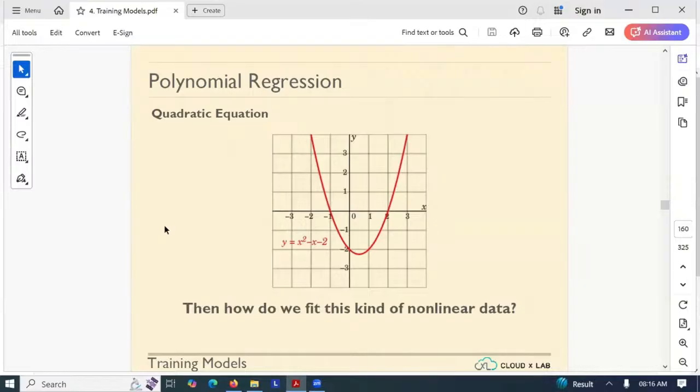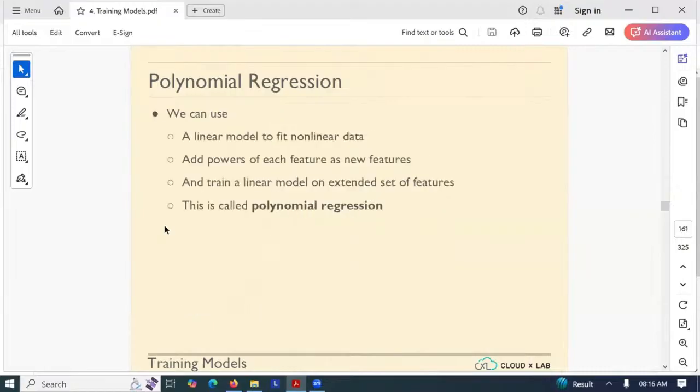So how can we fit this kind of non-linear data? The answer is simple: we can fit a non-linear model.